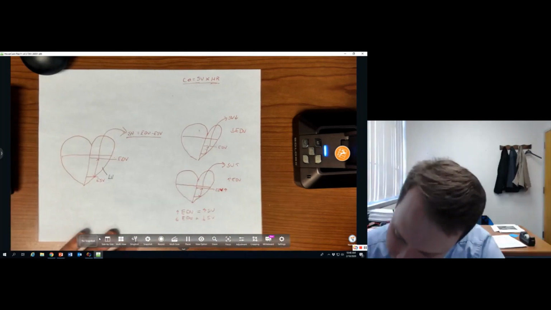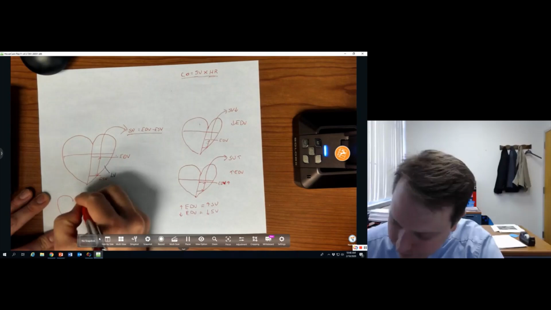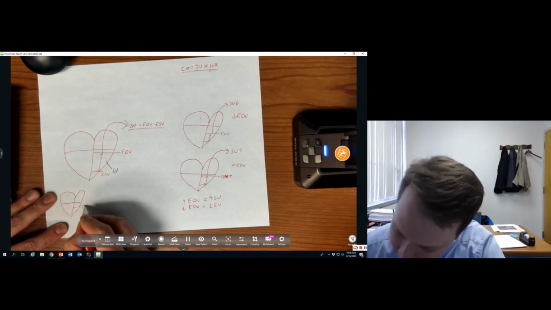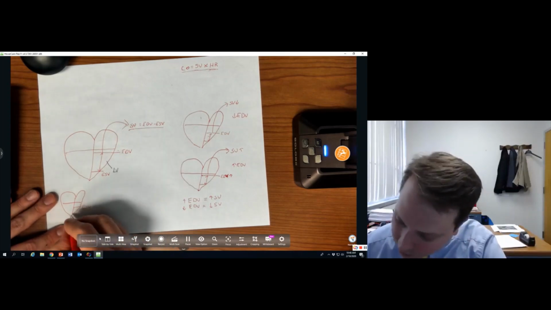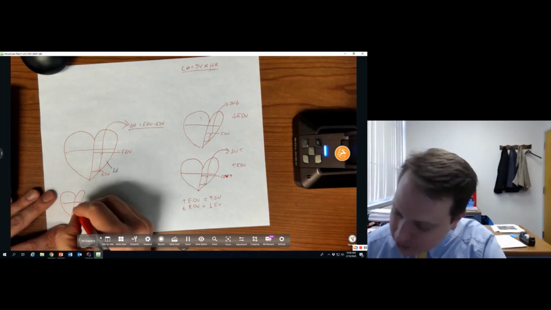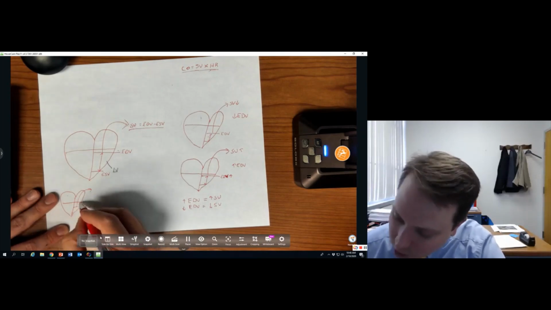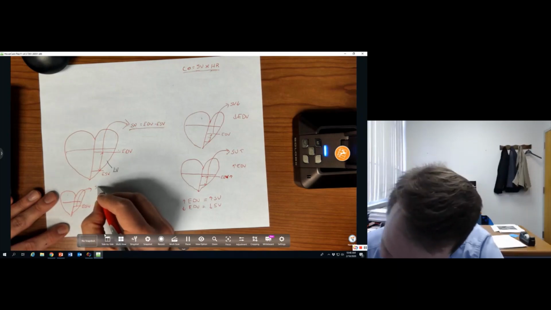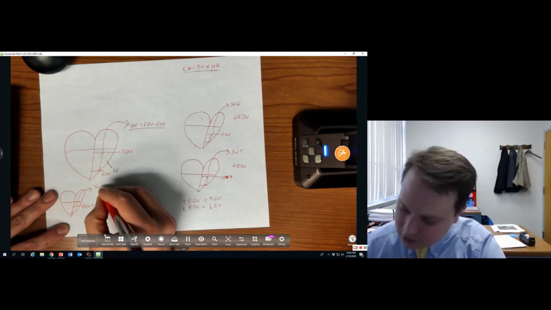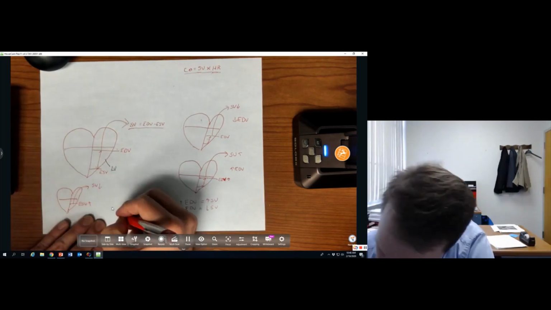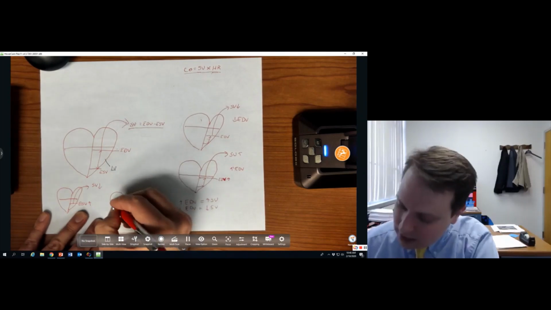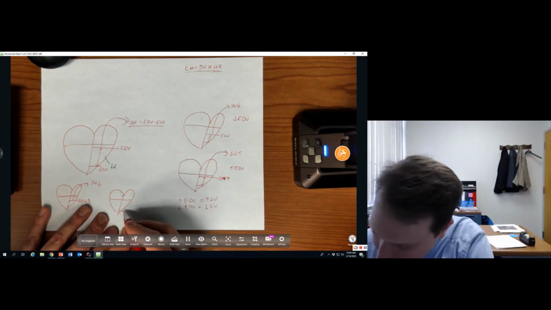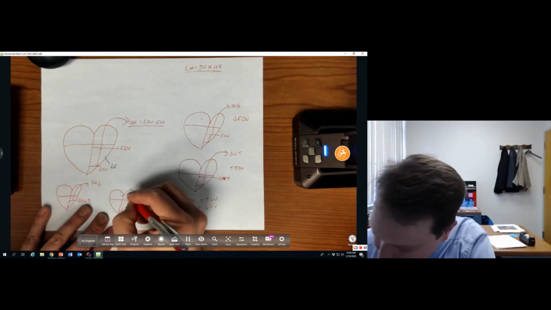Now, the vice versa will be true. If I increase the ESV, there's more blood left over when the heart pumped, and this would mean that less blood went out. So if ESV goes up, stroke volume goes down. And if ESV went down, stroke volume went up.